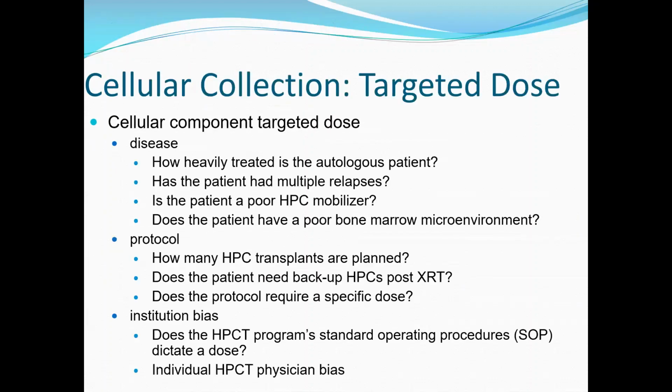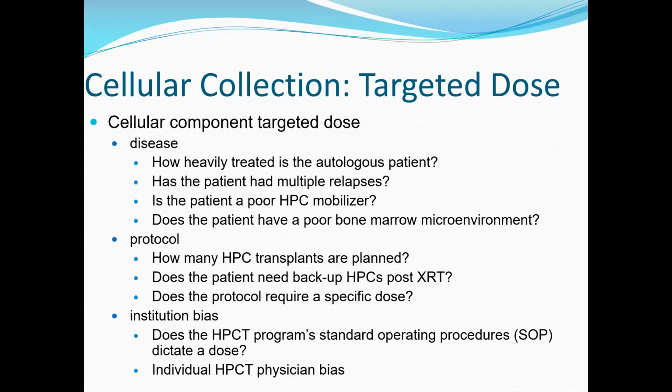In cellular collection, target dose. The cellular component target dose depends on how heavily stressed the autologous patient is: has the patient had multiple relapses, does the patient have poor HPC, does the patient have a poor bone marrow microenvironment. For the protocol, we look at whether HPC transplants are planned and how many.